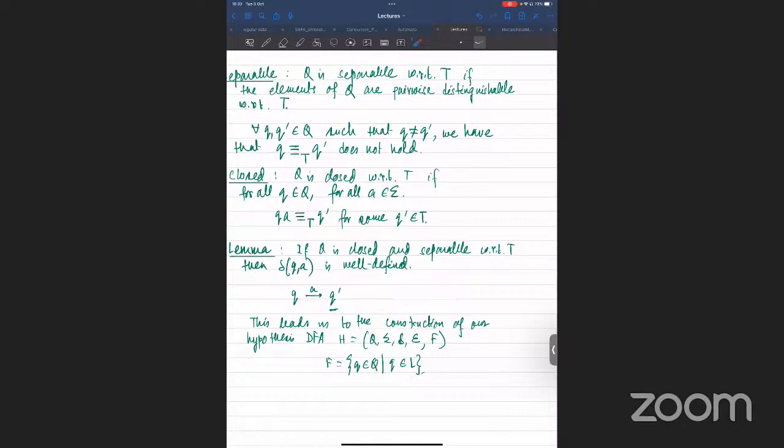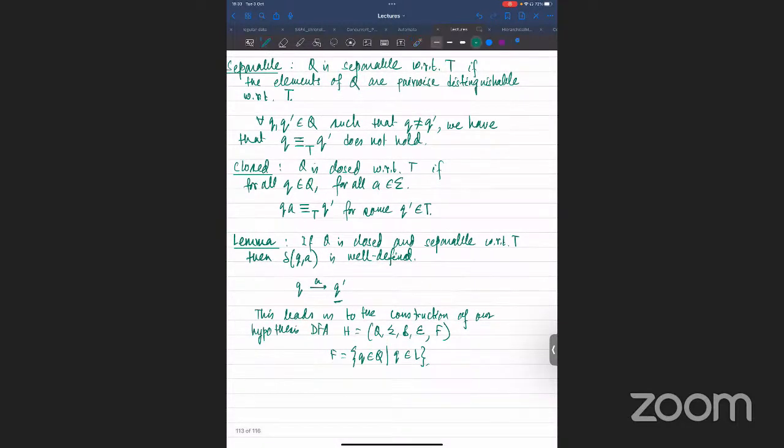The only thing that you would need here, which I have not so far mentioned, is that in order to construct this hypothesis DFA, since the set of states is this capital Q, this Q has to be finite. So we'll consider that Q and T are finite.